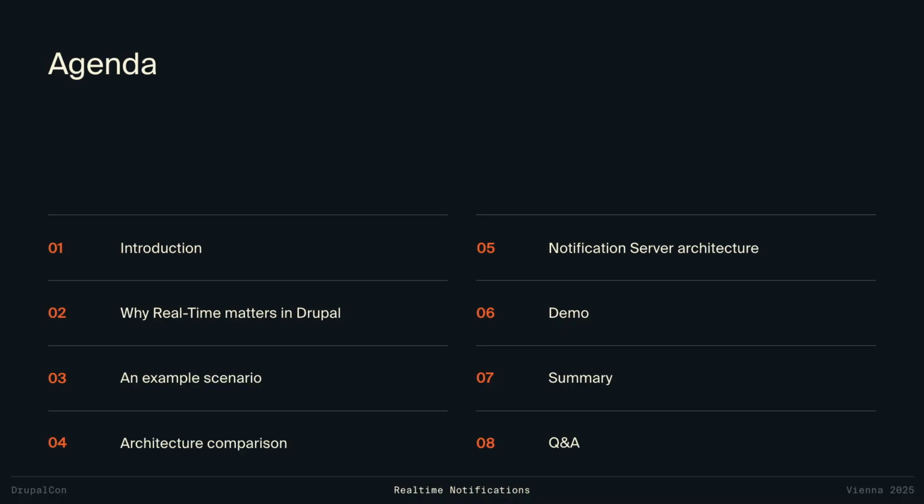Then we will go through the project that I maintain, notification server, and its architecture. Then of course we go through a demo. I didn't do any sacrifice to the demo gods, so let's see how it goes. And I'll be taking some questions and answers from you guys. Okay?